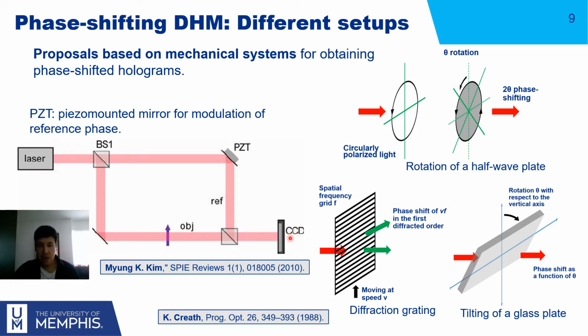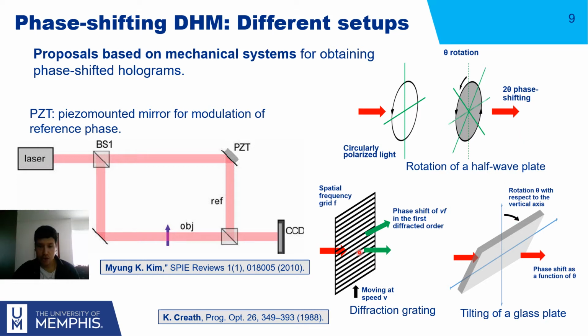So at the end, what we will have at the recording camera sensor is a hologram that is phase shifting according to the location of this mirror. We also have situations in which we can use polarization. For instance, we can have circularly polarized light impinge on a rotating half-wave plate, and we can then obtain different phase shifted holograms too.